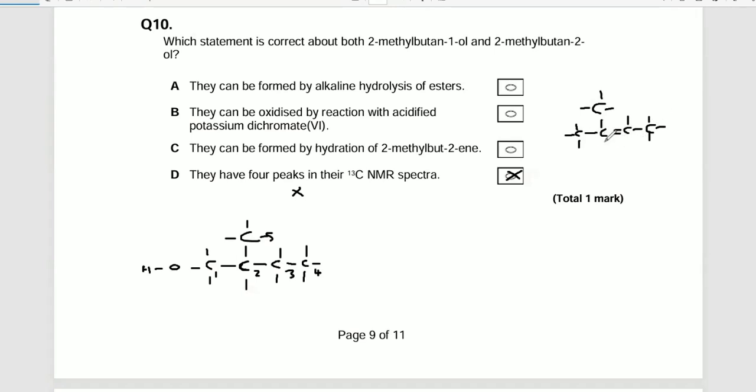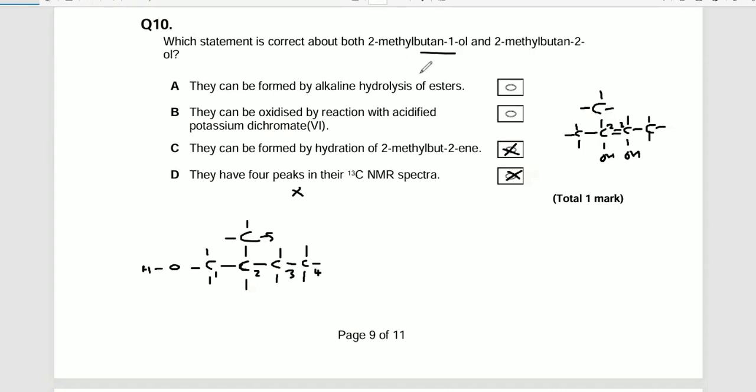And what we find is if you hydrate this, the hydroxide group, the alcohol group, is going to add over one of the carbons on the double bond. So it's either going to be that one or that one. Obviously, the double bond's going to disappear. I'm leaving the double bond on here, but that means you're going to be able to make 2-ol or 3-ol. You're not going to be able to make butan-1-ol. So we know that C is definitely wrong, because when you hydrate an alkene, the OH joins onto one of the double bond carbons. Okay, obviously the double bond disappears.